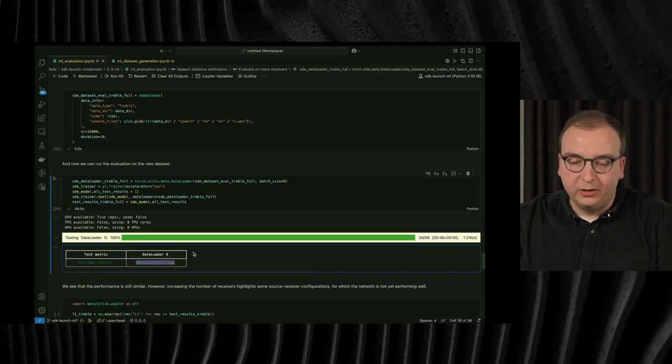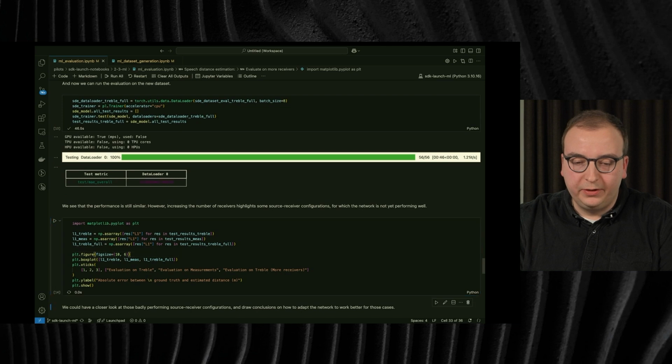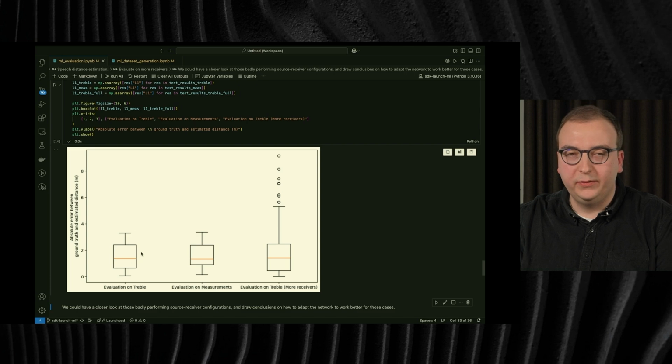the evaluation completed, and we see now a mean absolute error of 1.62 meters, which is still very similar to what we saw before, but we can also now, of course, have another closer look at the results. And we see here on the left side the Treble simulations with only few data points. In the middle, we see the measurements with the matching data points.